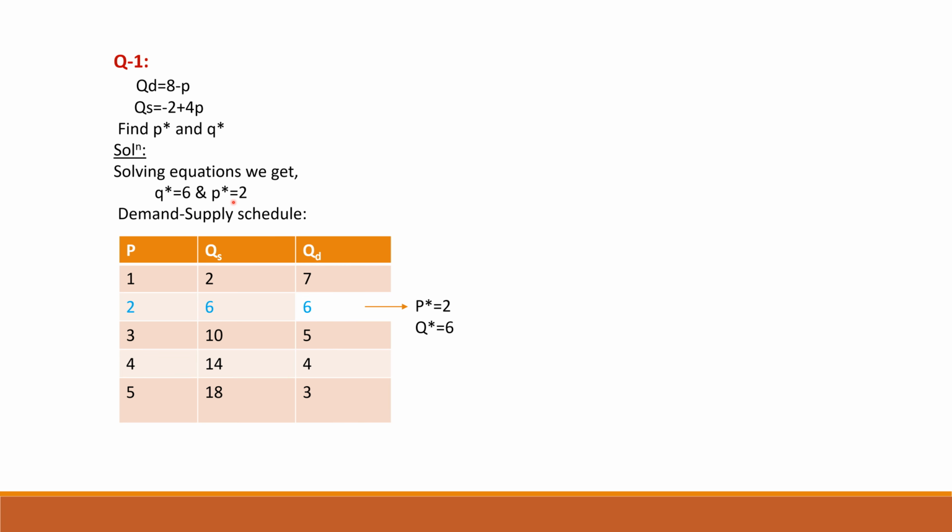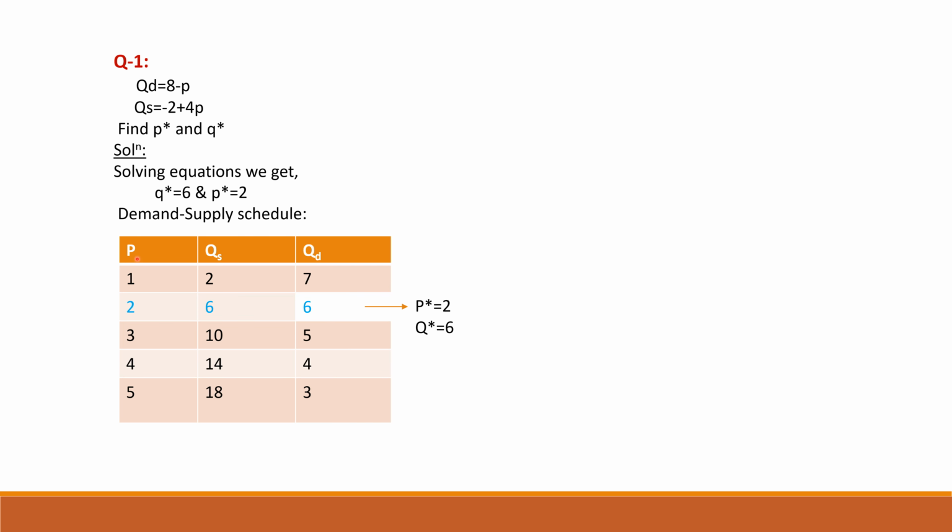We can also create a demand supply schedule to see this more clearly. When price is 1, quantity demanded is 7 and quantity supplied is 2. When price is 2, quantity supplied is 6 and quantity demanded is 6. When price is 3, quantity supplied is 10 and quantity demanded is 5. When price is 4, quantity supplied is 14 and quantity demanded is 4.